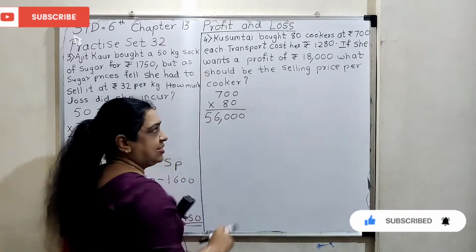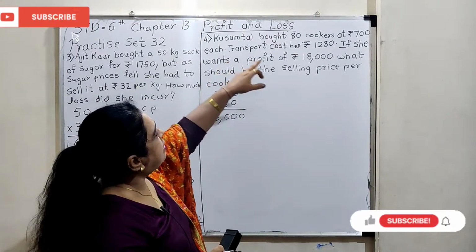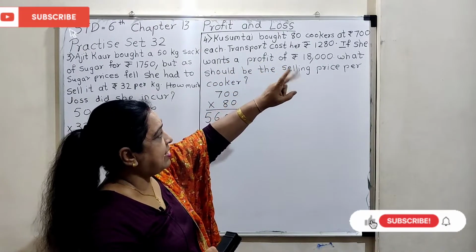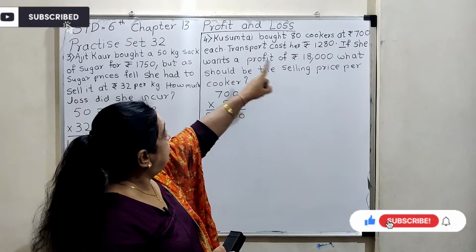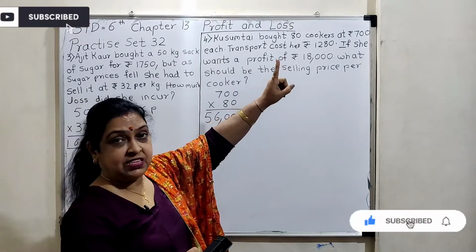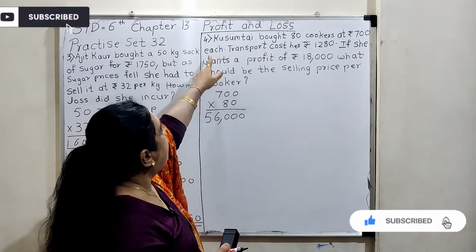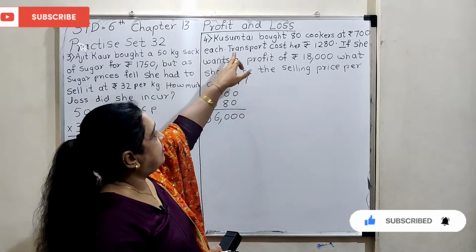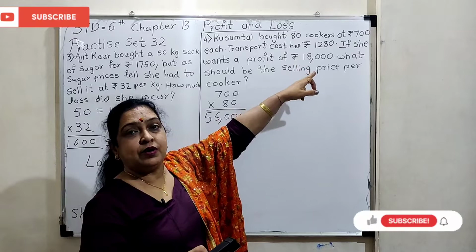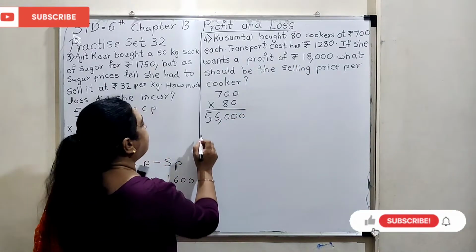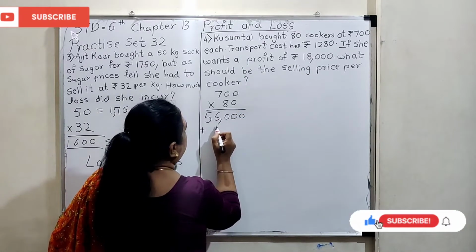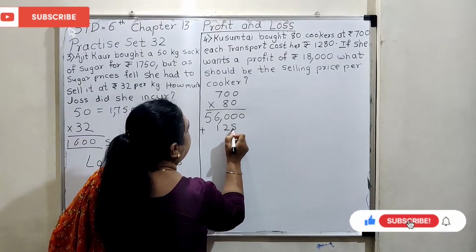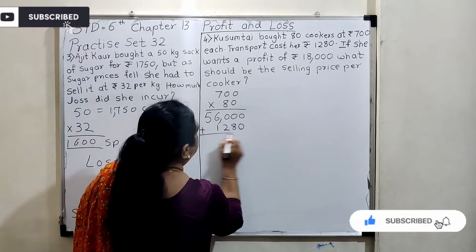So 80 cookers at 700 each cost her 56,000. But transport cost her 1,280, so you should add that transport charges also.